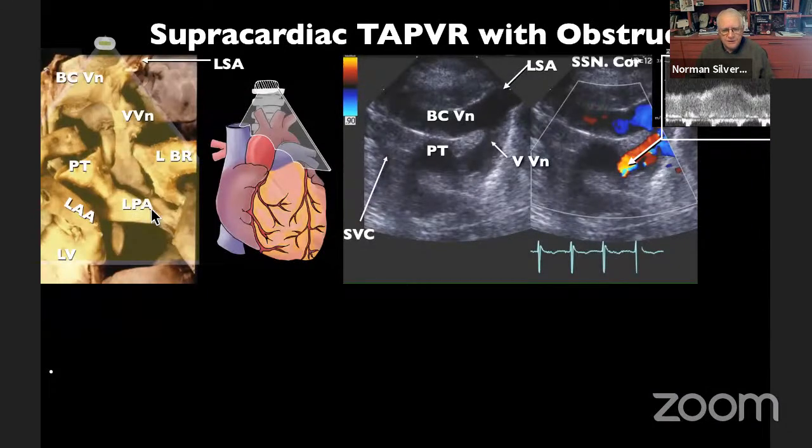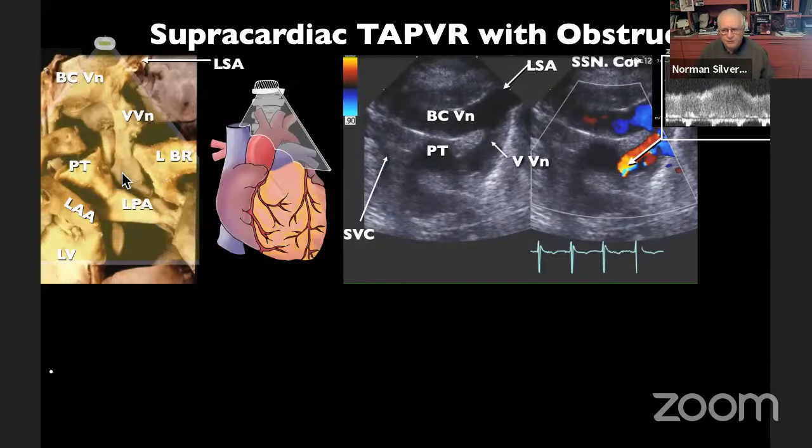Now here again is the hemodynamic vise shown morphologically. Here's the pulmonary trunk continuing to the left pulmonary artery, and here's the bronchus behind the heart coming from the trachea behind that. And you can see how the vein is sandwiched between the pulmonary artery and the left bronchus.